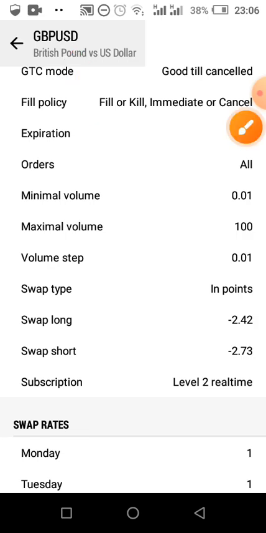If the GBP has a bigger interest rate than the US dollar, and especially if the US dollar has a negative interest rate, if you open a buy trade, the broker will actually give you a small amount of money which will be added to your account.